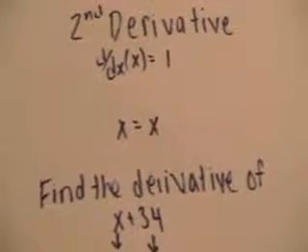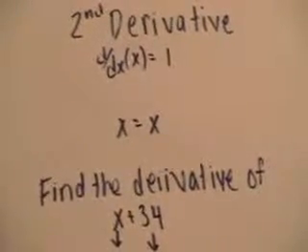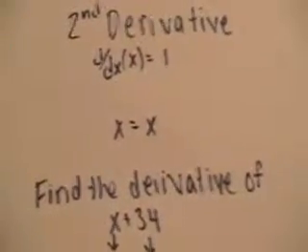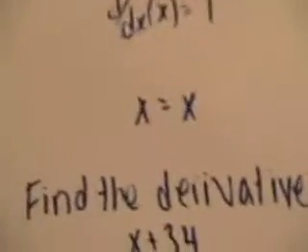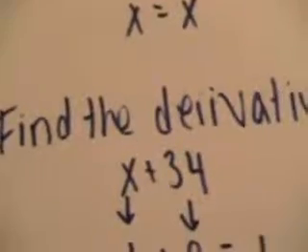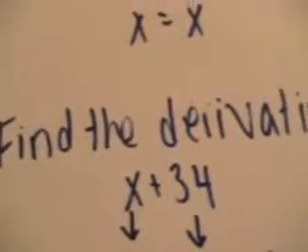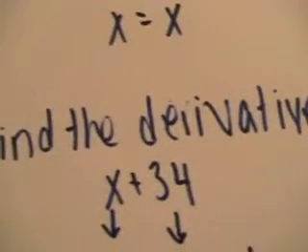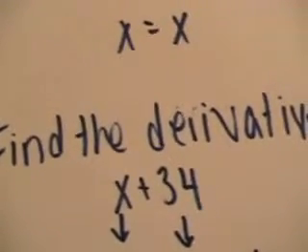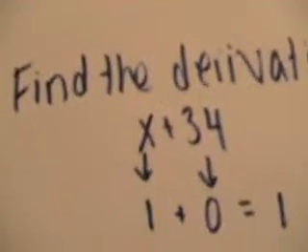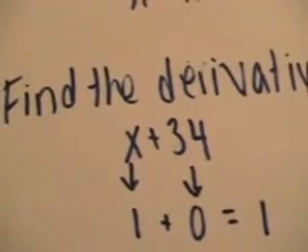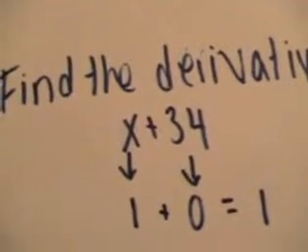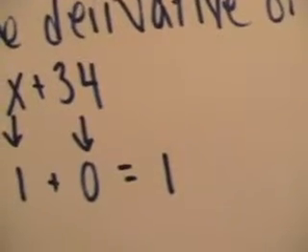To do that, we need to involve the first derivative and the second derivative. We know 34, with the first derivative we learned, is 0. And x is 1. So the derivative of x plus 34 is equal to 1.